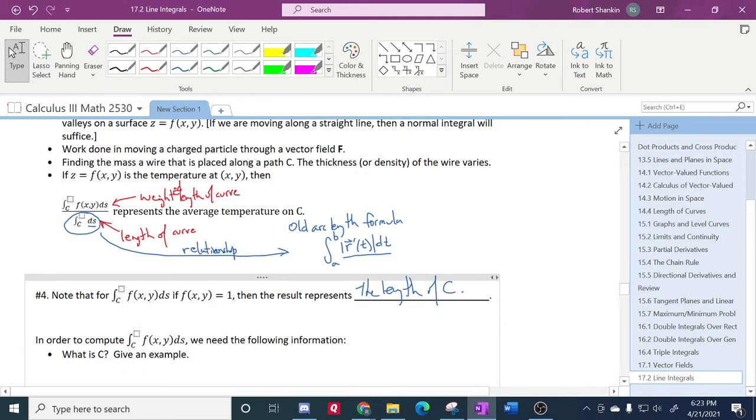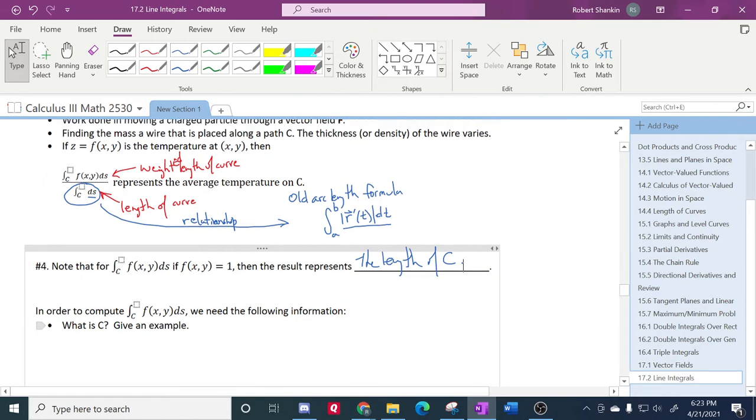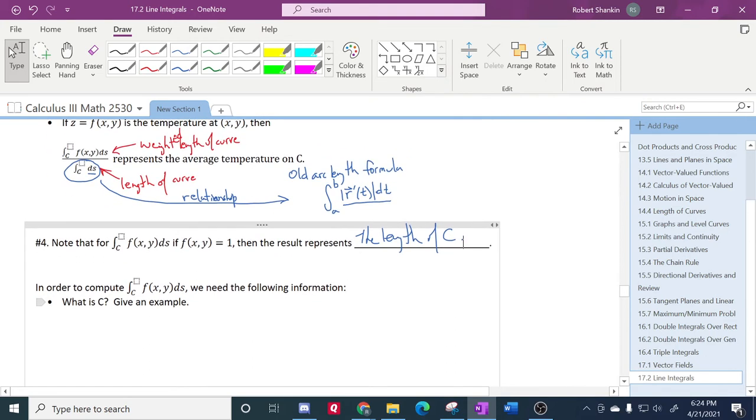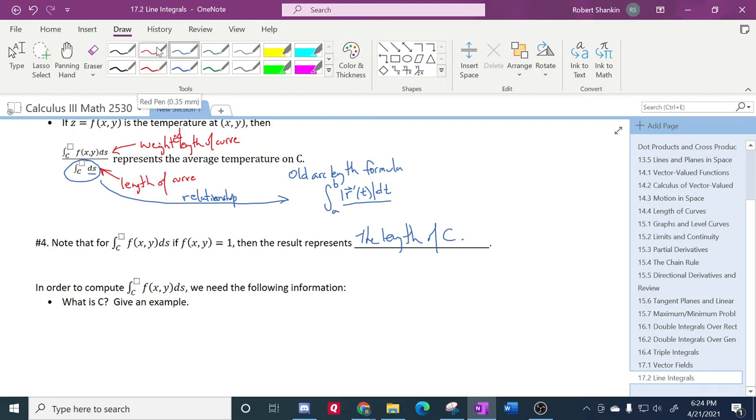we need some information. We need to know what is C and have an example, and then we need to know some other stuff. But this has been a lot of information that we had here. And I don't know about your brain, but my brain's a little tired here. So let's take a break.